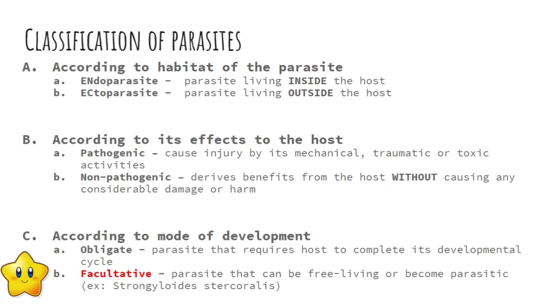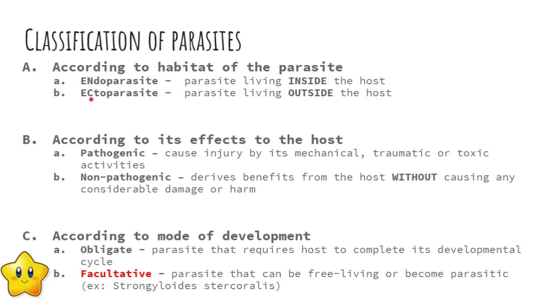Classification of parasite. Number 1, we can classify the parasites according to the habitat of the parasite. So, kung saan nyo siya natatagpuan. We have here the endoparasite. Endo meaning it is the parasite living inside the host. Kaya nga po siya endo. Diba? Ibig sabihin ng endo, inside.